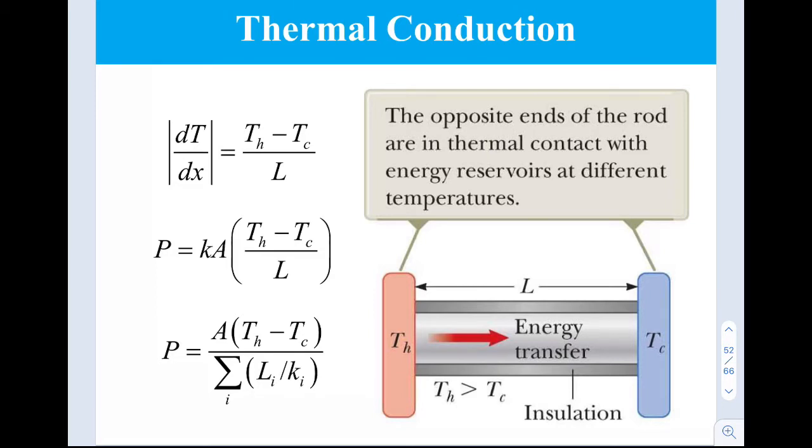The rate of energy transfer through the slab at steady state is equivalent to A(T_h minus T_c) over the sum of L_i over k_i of the materials. You can imagine that k is put down here, over k and over k here, right? So that is how we manage to get this.